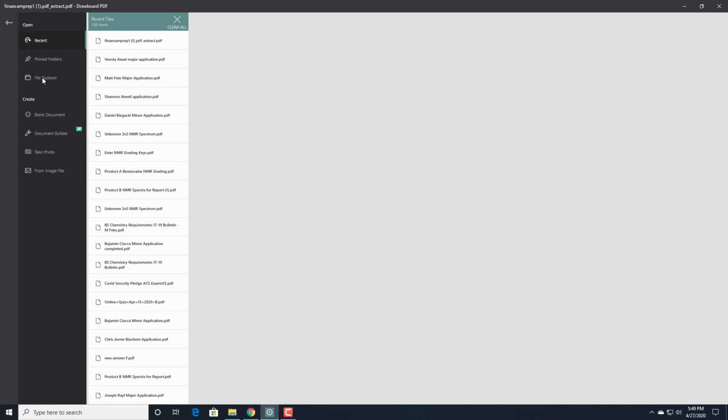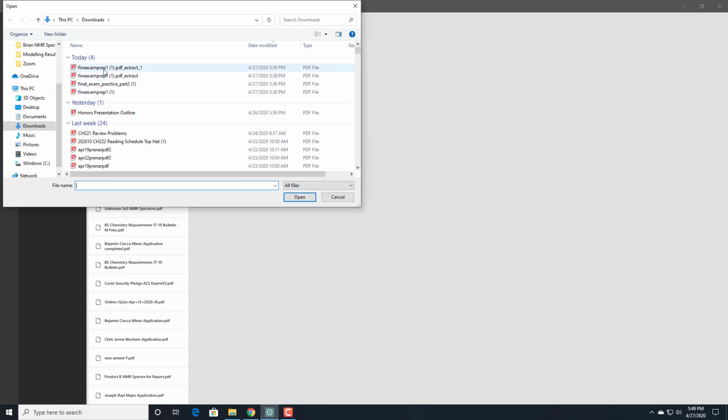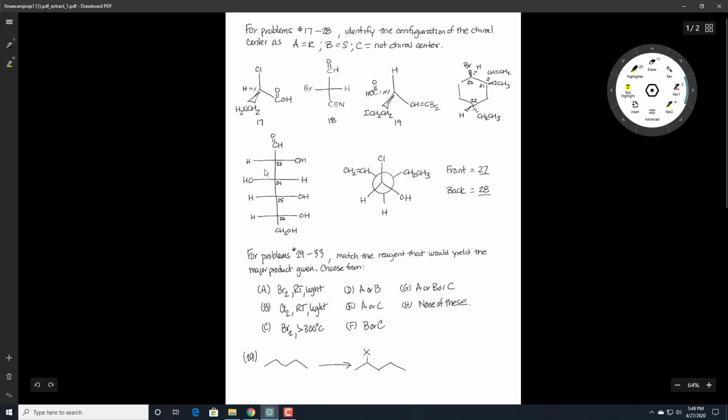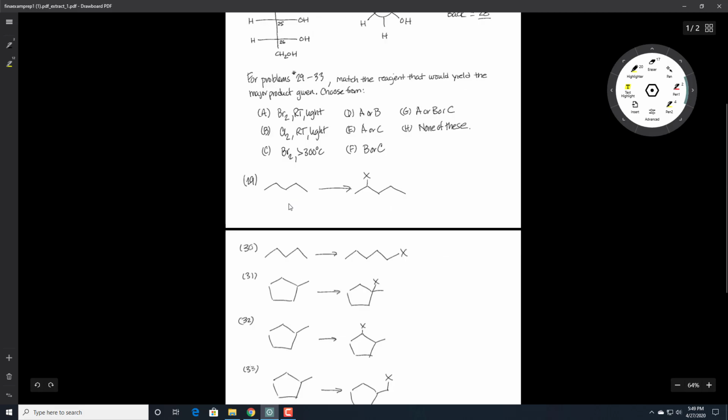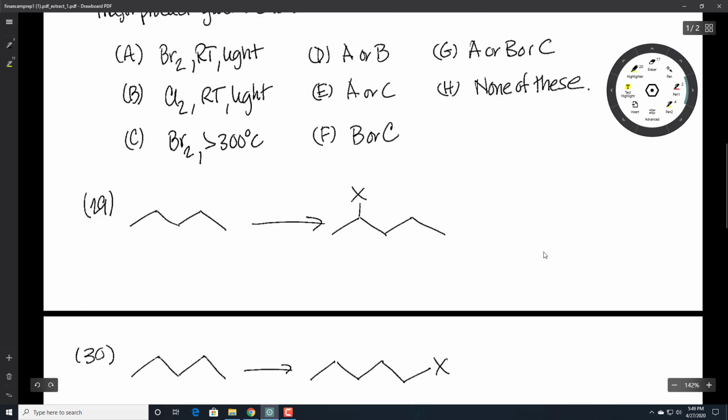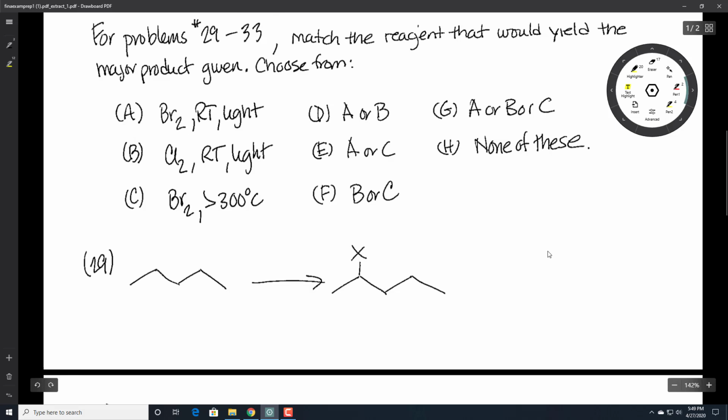Now, if we look at problems 29 through 33, it's a similar problem, only I'm looking at it from what reagent should I use to give me the highest percent yield. Looking at this, the selectivity of bromination at room temperature is 1700 to 80 to 1.